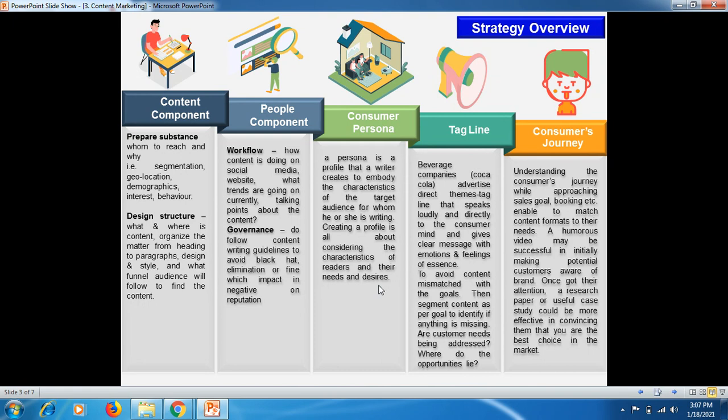But here you have to avoid content mismatched with the goal. Whatever you have been saying in your content, the product should be providing the same thing as well. Otherwise, you will be losing your customers. Then segment content as per goal to identify if anything is missing. You have to understand that as well. Depending on the customer needs, nothing should be missed by you.